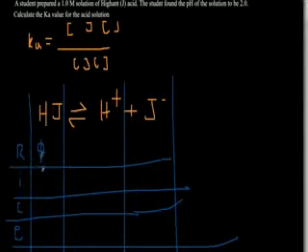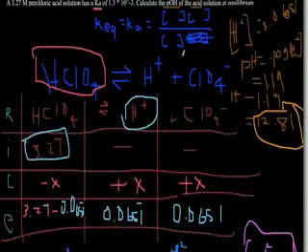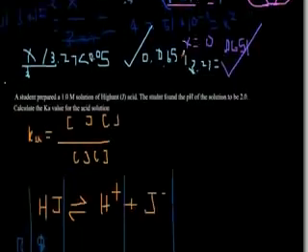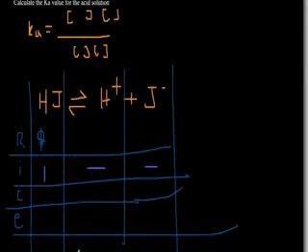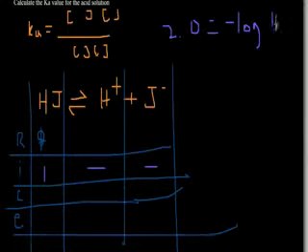Wait, no, I'll write this here. 1 molar, and 0 of these. And the student found pH to be that. So it's the same as this problem, except we've got to work backwards. So let's find the hydronium concentration, because we know that pH is 2.0 equals negative log of the H plus concentration.